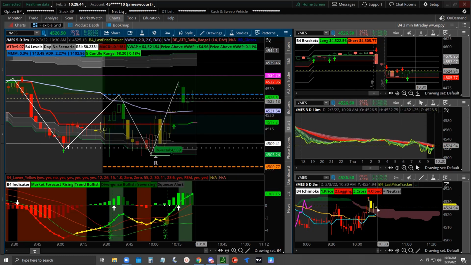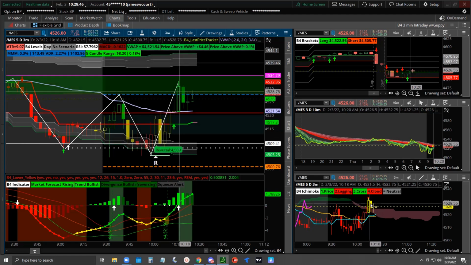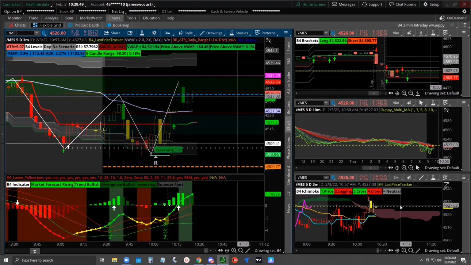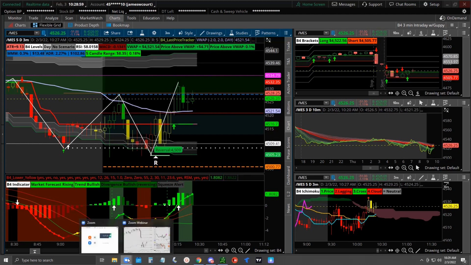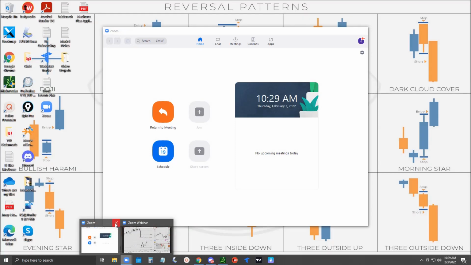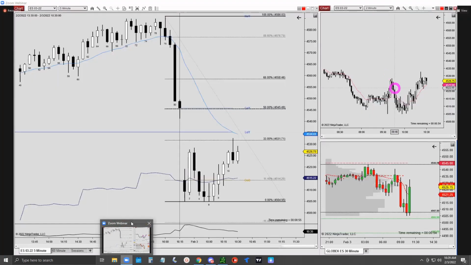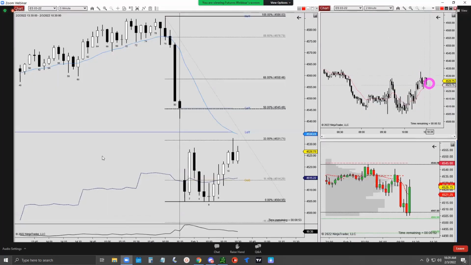That's okay, you can go that way too. Or you can count here. Let me get rid of this. Leg 1, pullback, maybe this is leg 2. That's also a cup with a quick handle.